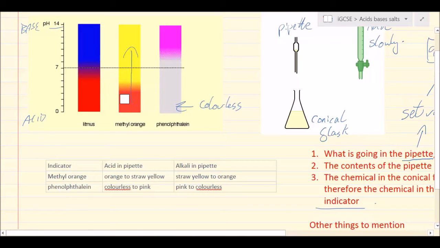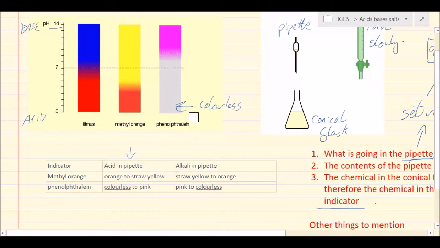Okay, doing the same for the phenolphthalein. If we start with acid in the pipette, so therefore acid in the conical flask, okay, so we're still looking at this column here. If acid is in the conical flask, therefore the indicator is going to start as colorless, and it's going to gradually change to pink, and that can be seen here, colorless to pink, so that will be your color change.